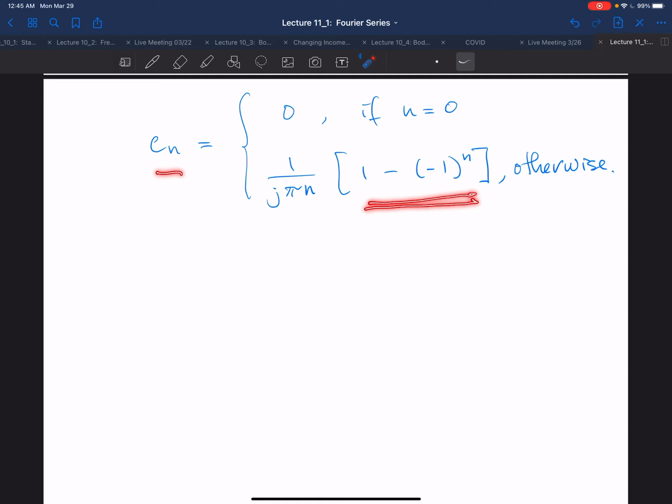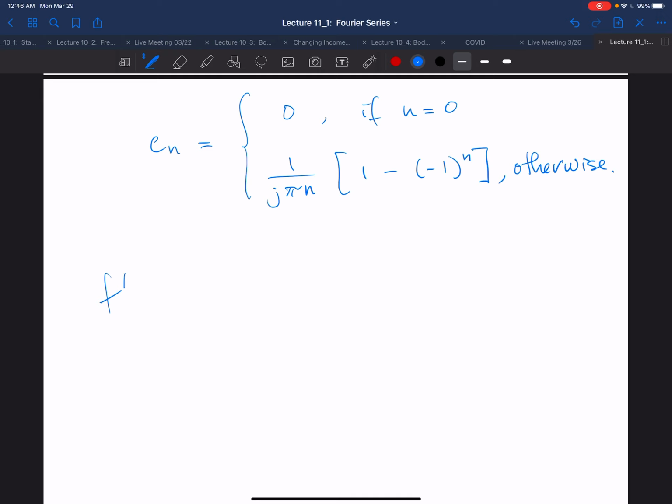When n is odd, this term in square brackets is equal to 2, but when n is even, it is equal to 0. That reflects the fact that our square wave is an odd function. That will become clearer when we look at the formulation of the Fourier series in terms of real valued sinusoids next time.